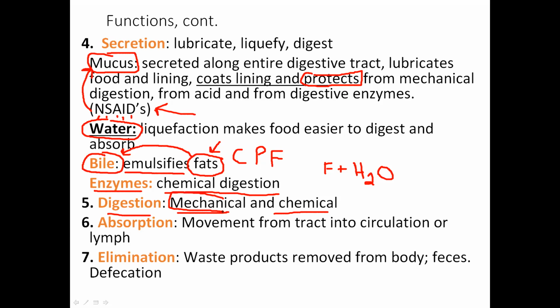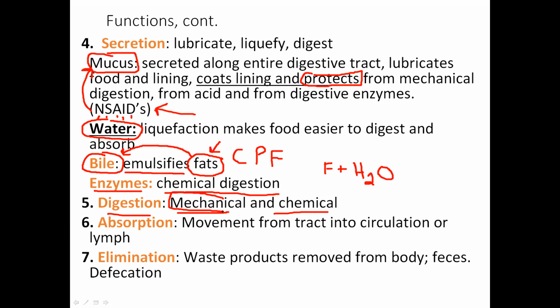Mechanical digestion would include the teeth to physically and mechanically break down the food. Once the food gets into the stomach, the stomach will continue to mechanically break it down. We also break food down chemically.